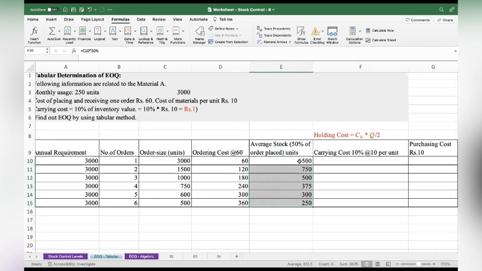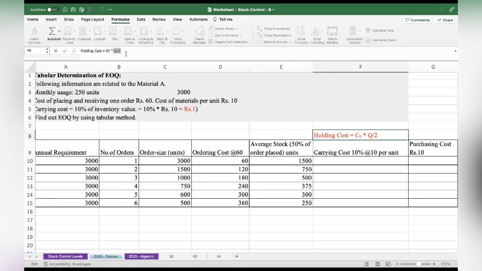Now we have the average stock, that means Q divided by 2. Q means the order size. Then we divided it by 2, or we found the 50% of it. We have this bit of the equation, Q divided by 2.